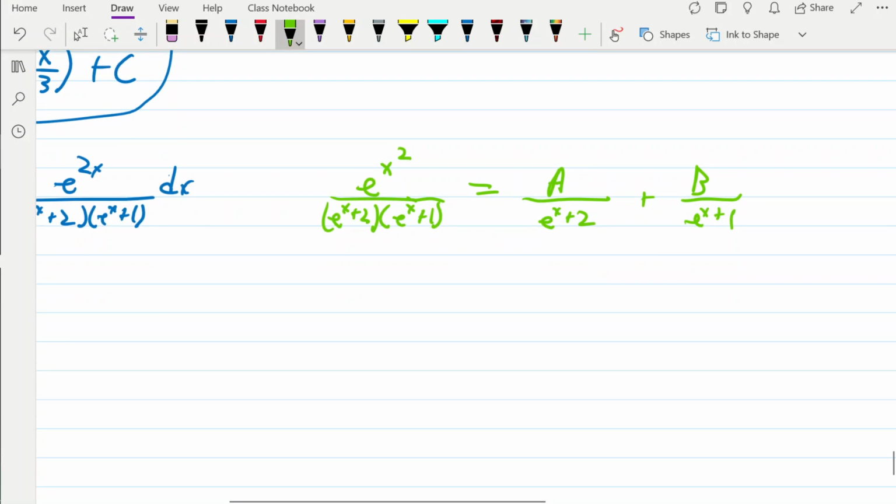All right. From here, we're going to cancel out our denominators. So we're going to have e to the x squared equals a times e to the x plus 1 plus b times e to the x plus 2.